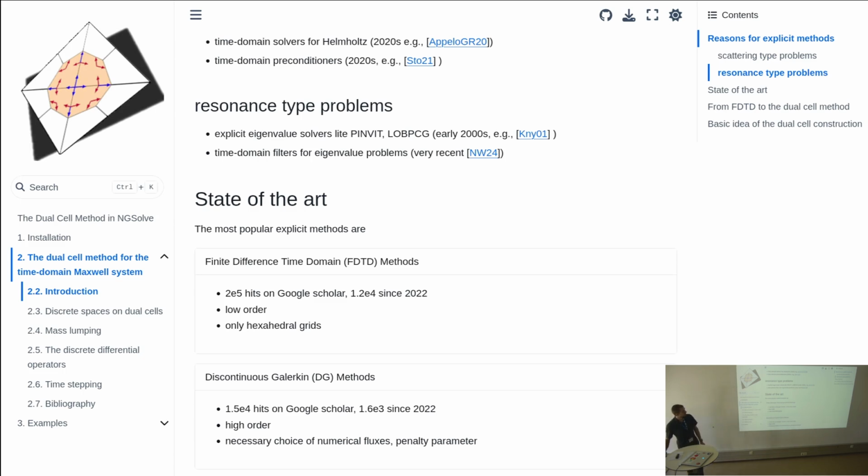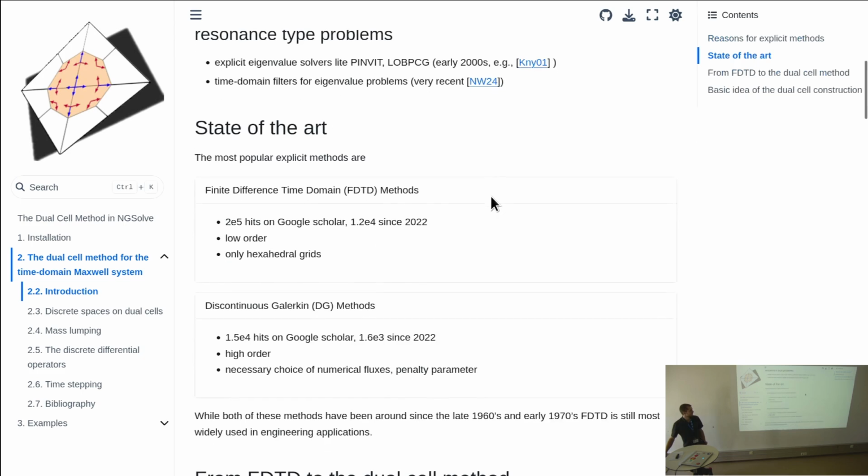So for time domain Maxwell problems, the state of the art in explicit methods basically are these two methods. So FDTD, the finite difference time domain method, is probably the most popular method for time domain Maxwell systems, and is vastly used in engineering applications.